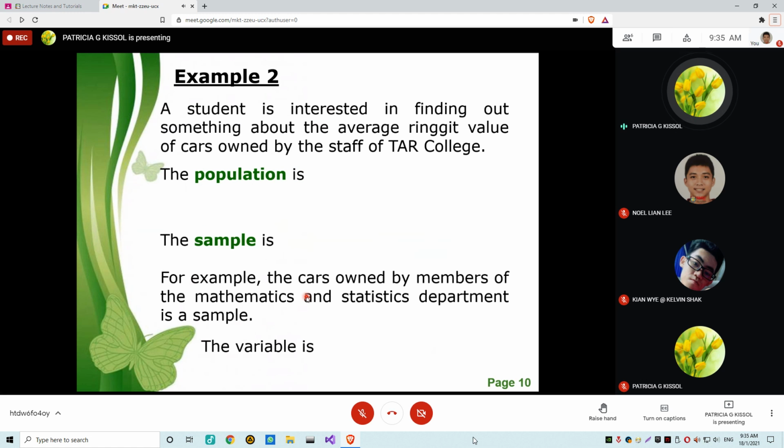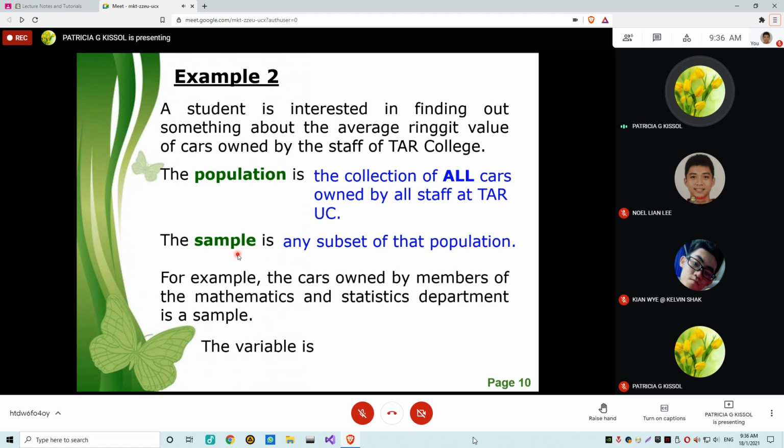Now we have another example. This is about a student interested in finding out the average ringgit value of cars owned by the staff of TAR UC. The population is the collection of all cars owned by staff at TAR UC, and the sample is any subset of that population.